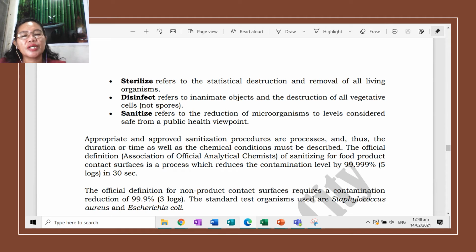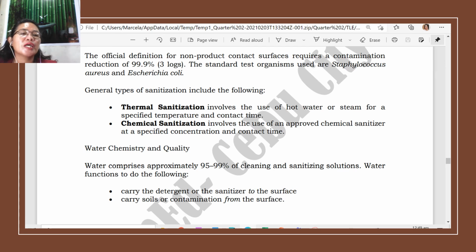The standard test organisms used are Staphylococcus aureus and Escherichia coli. Mao na siya, class. Okay, the official definition of non-product, mao na siya.